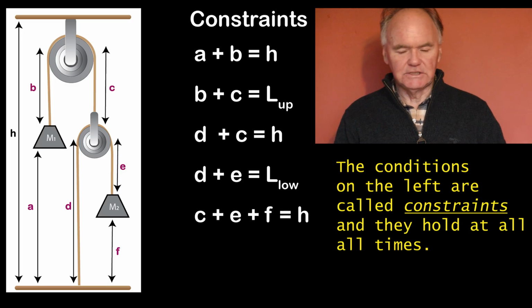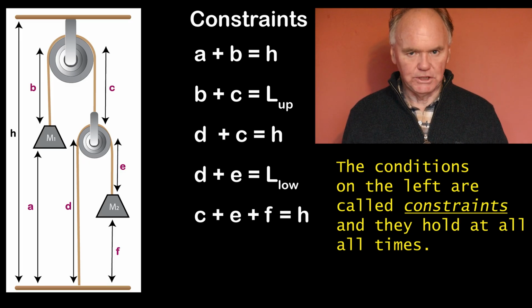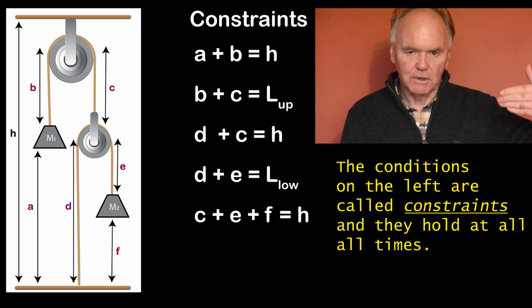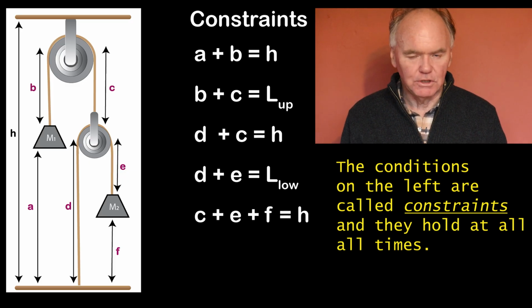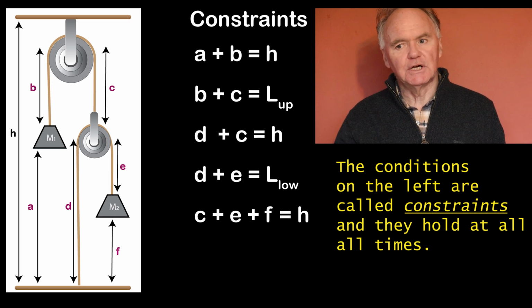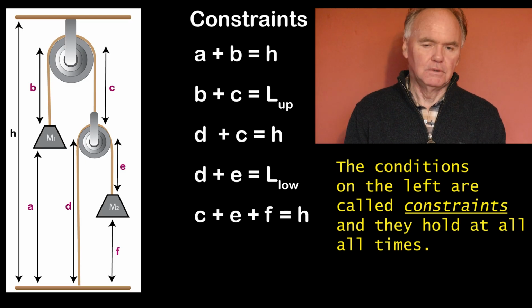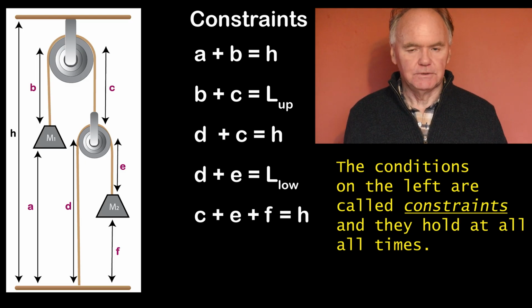Another thing that won't change is the length of the strings. So the string on the upper left, that's B plus C, is not going to change, and the string on the lower right also won't change.